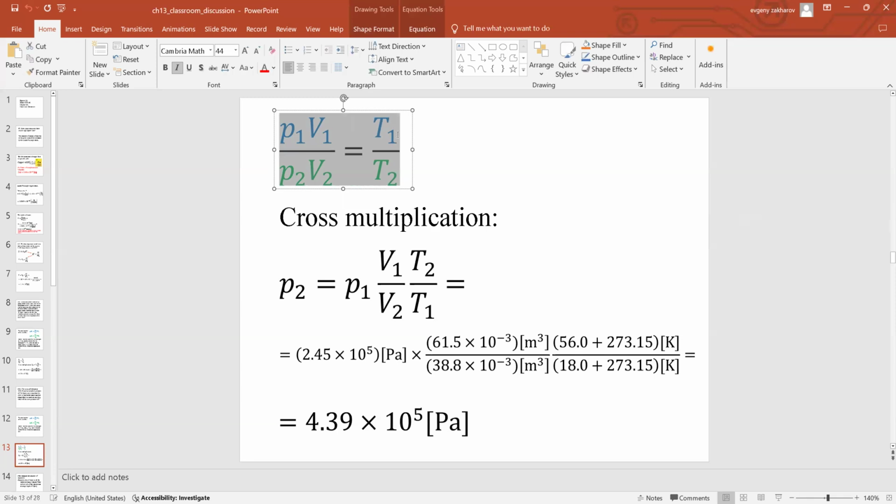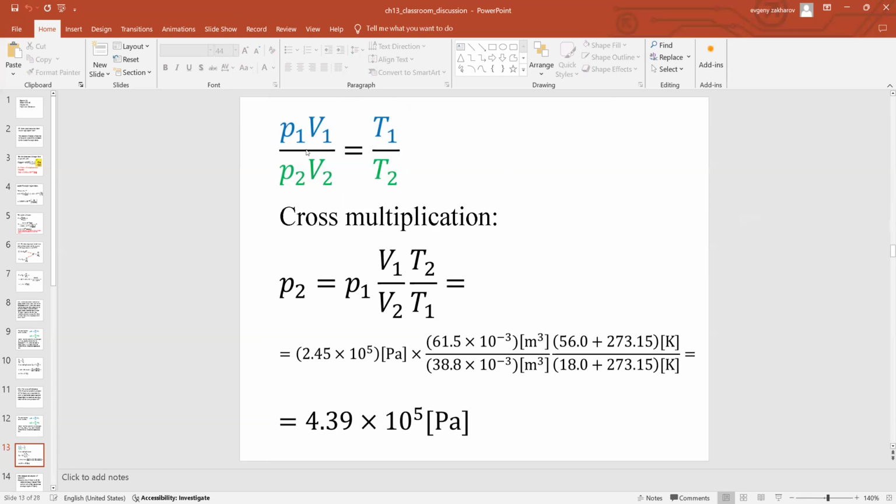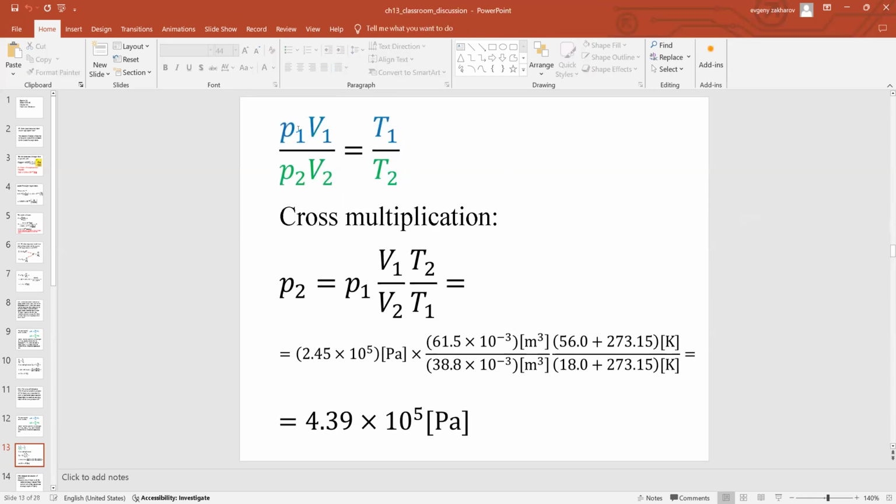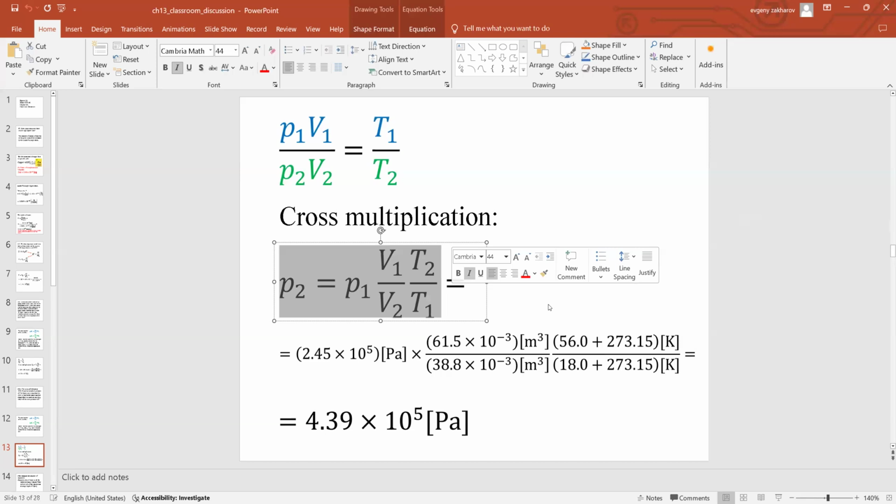I want to point out that pressure and volume is still proportional to temperature, which is the ideal gas law idea. So it's just a little more complicated this time because you have to take care of pressure, volume, and temperature. It's still the cross multiplication that I like to use here because we have two fractions, top over the bottom, top over the bottom. So you just cross multiply. That's what you get from algebra.